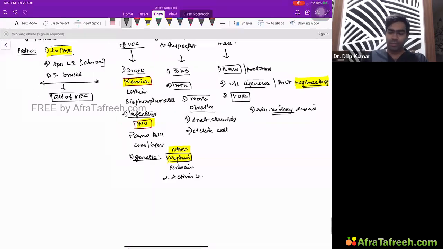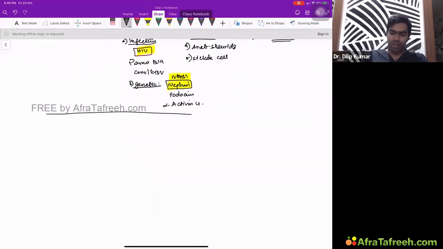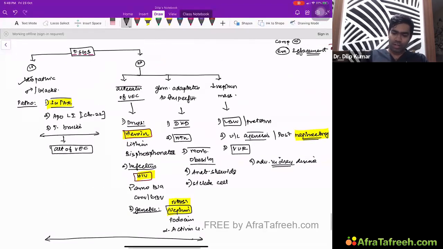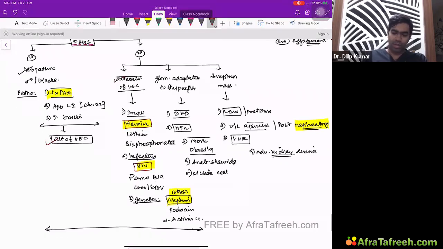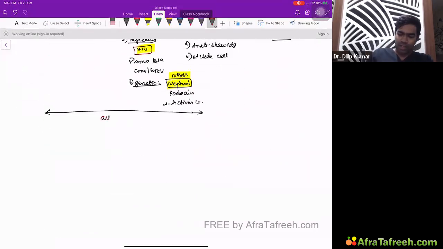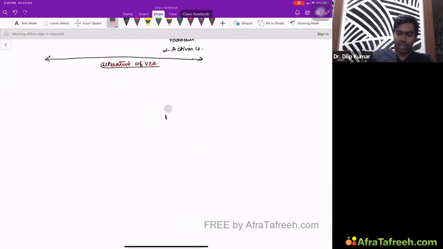Remember, patients who are having these forms of FSGS due to damage to the visceral epithelial cell, patients who are having primary alteration of visceral epithelial cell, will have some peculiar effects. Because there is a primary alteration of visceral epithelial cells in these patients, there will be a massive proteinuria.